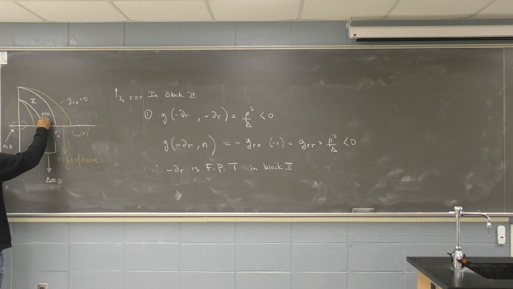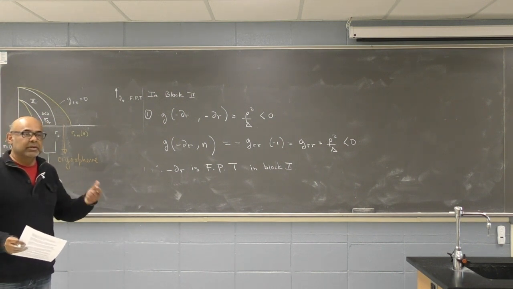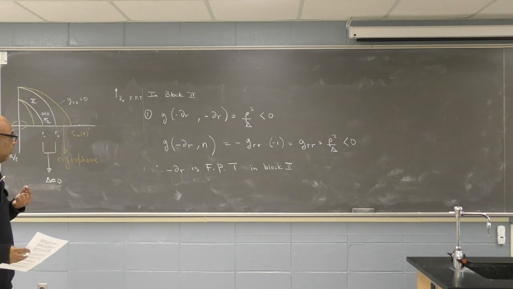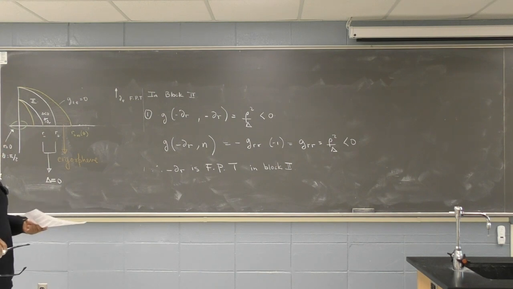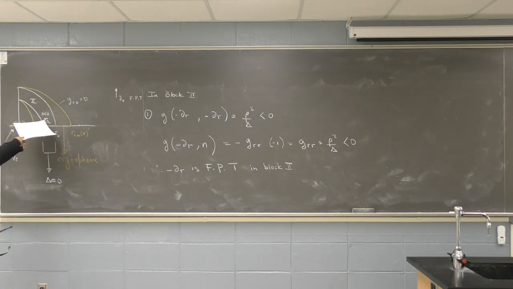So this is my future, if you will. The negative r hat direction, or negative d/dr, where r is decreasing, that is my future. So you've taken a course in relativity, you've seen Schwarzschild geometry, and this is precisely the reason why we might call it a black hole region.